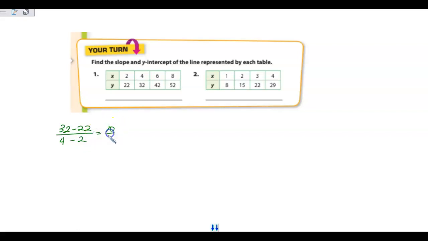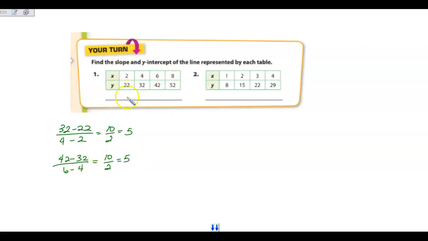And I get 10 over 2, which simplifies down to 5. I can take the 42 minus 32 and 6 minus 4. And that's 10 over 2, simplifies to 5.